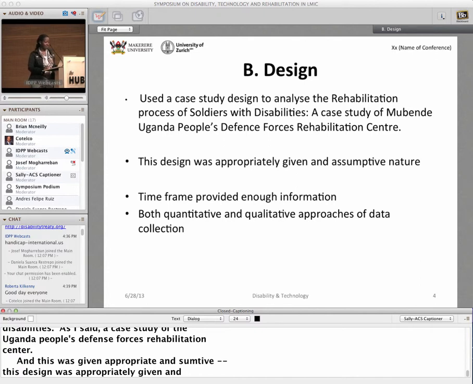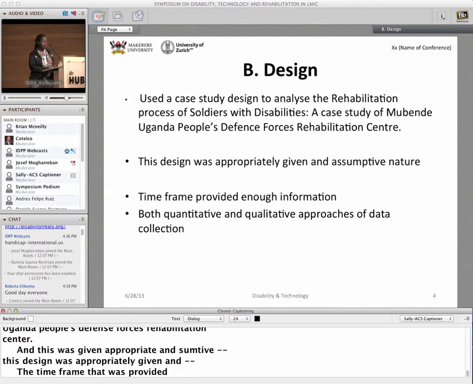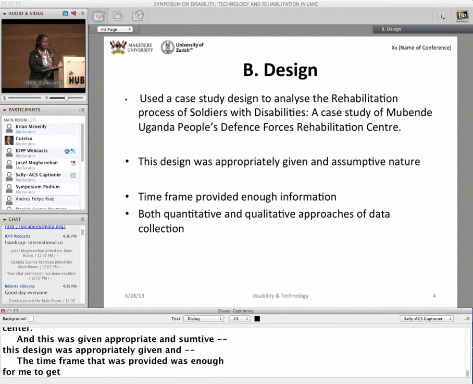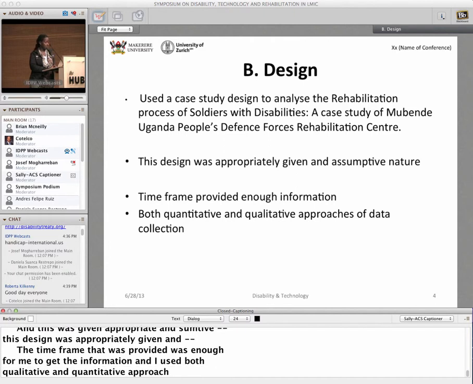The time frame that was provided was enough for me to get the information, and I used both qualitative and quantitative approaches in data collection.